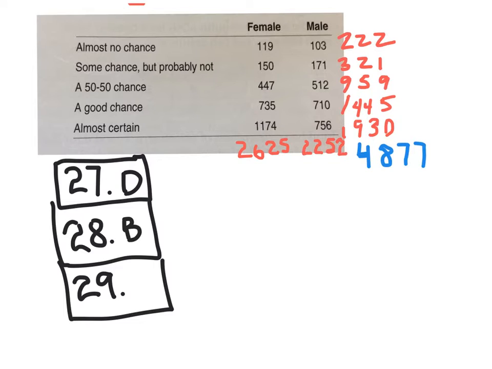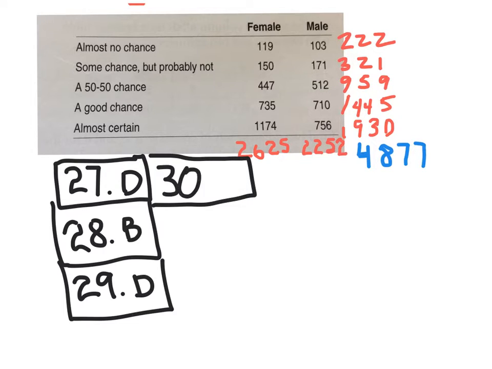So we would do this percentage right here. Almost certain versus the total. And that turns out to be 0.447, which is pretty close to 45, so 45%. And that is choice D. Choice D again.